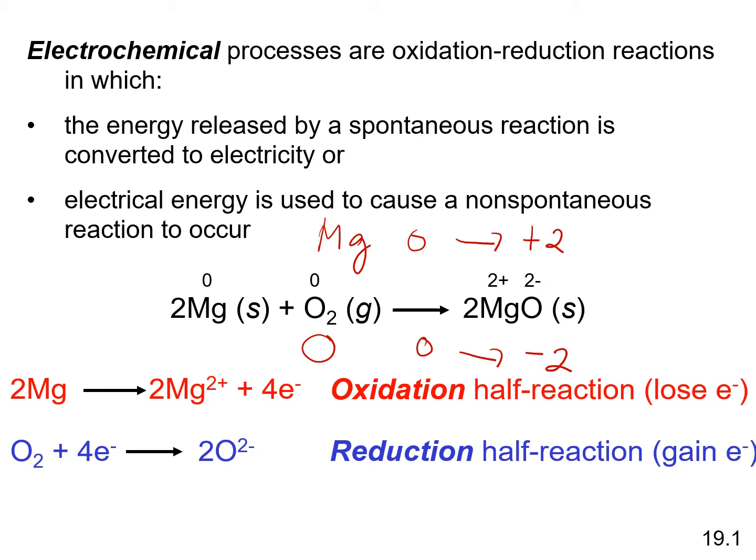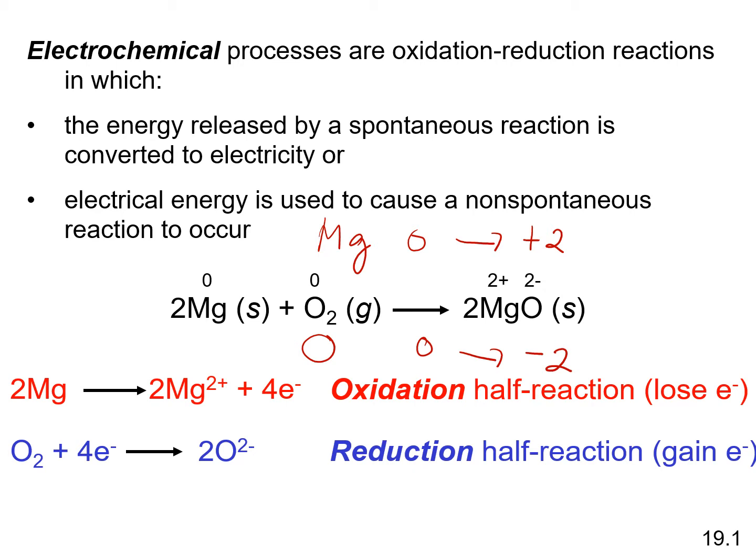So there is a change, obviously, in the oxidation number. For the magnesium, the oxidation number has increased. And for the oxygen, the oxidation number decreased from 0 to minus 2. So each of these reactions corresponds to reduction and oxidation.